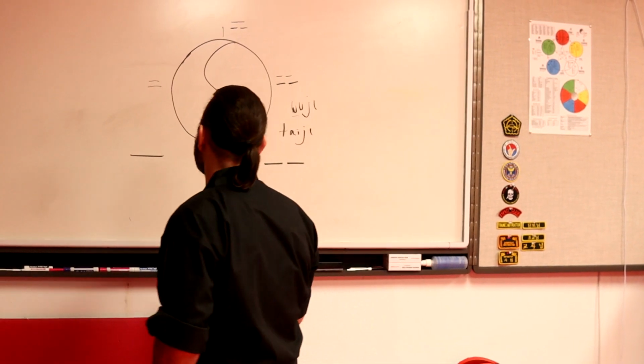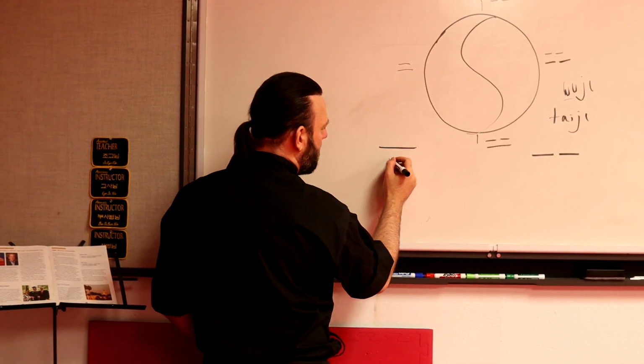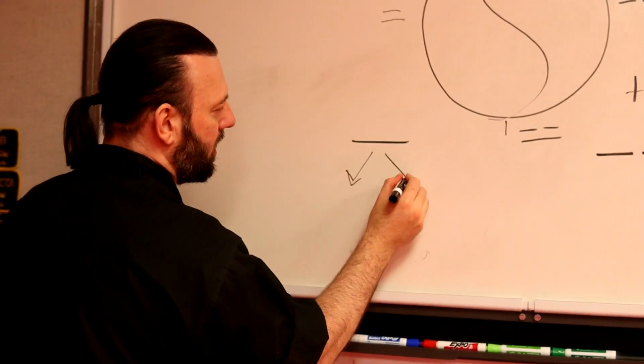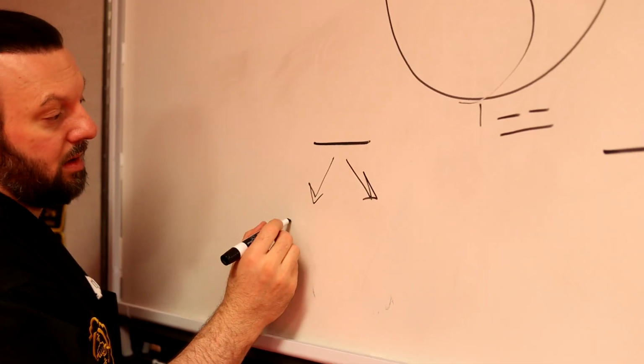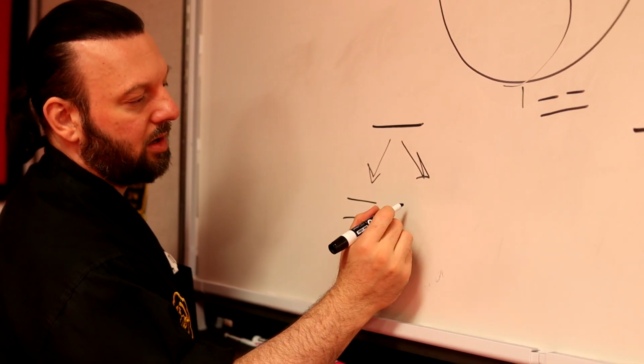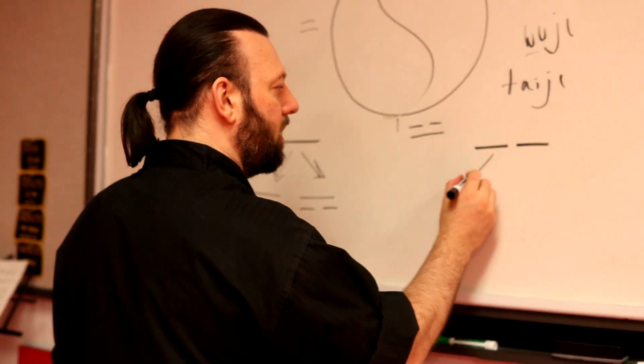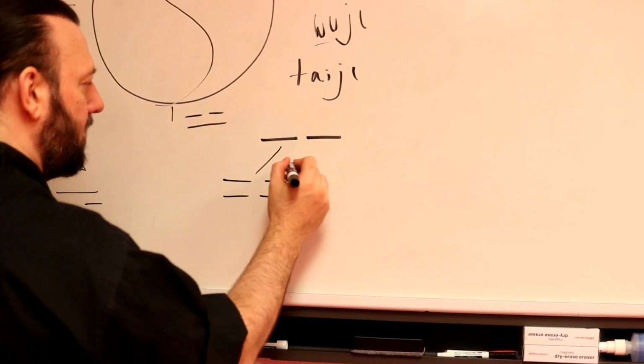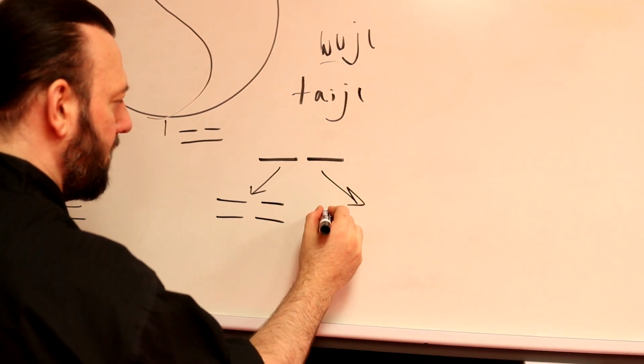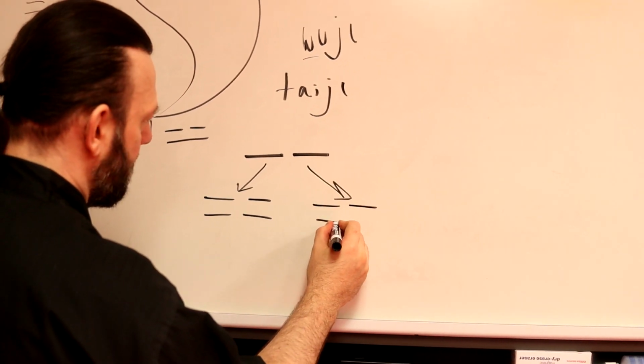So I'll represent what we just did here. So we have yang that splits in potentiality. Yang with yang with yin. Yin with more yin with a little bit of yang.